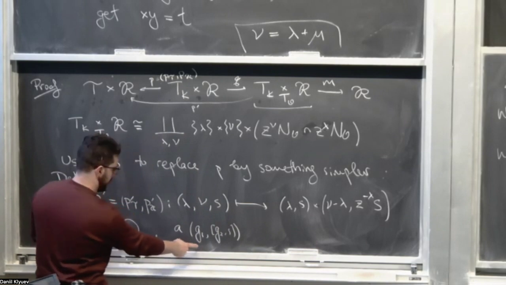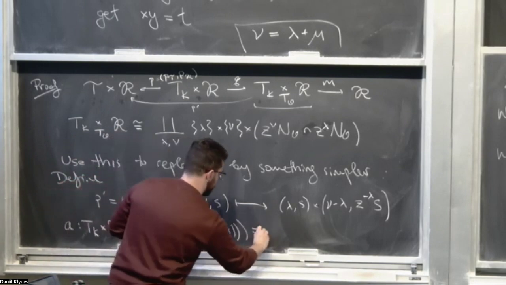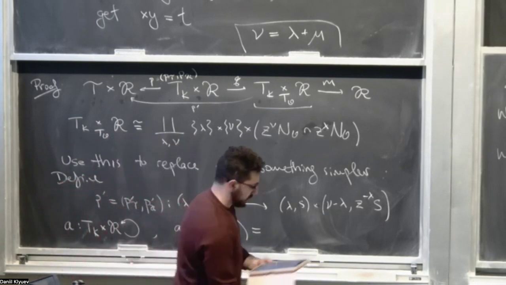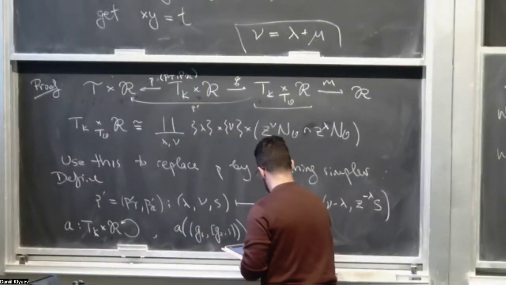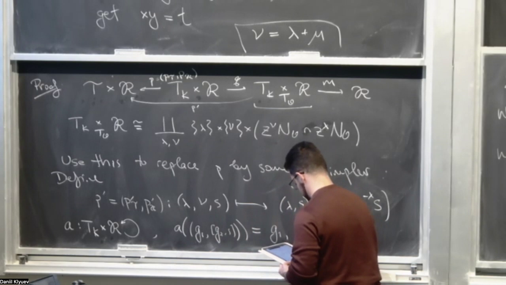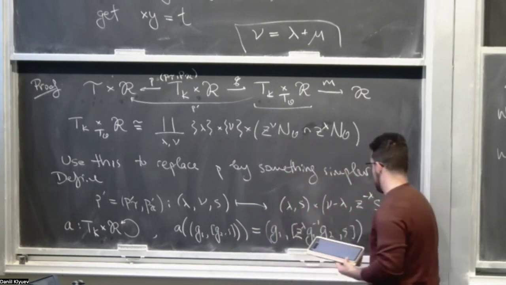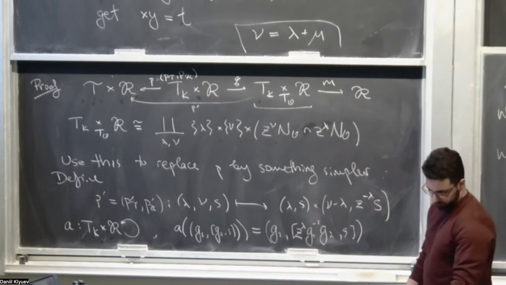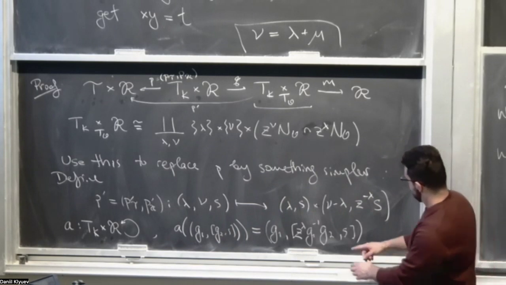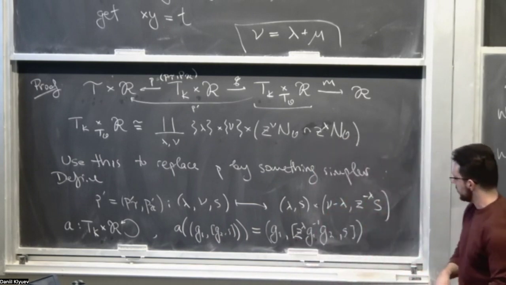This is a pair of a group element and something in R. That I want to map to the same thing over the same T fiber, but now the thing in R is a translate by lambda. Like this. This element is inside of T_O. That helps parse the formula.